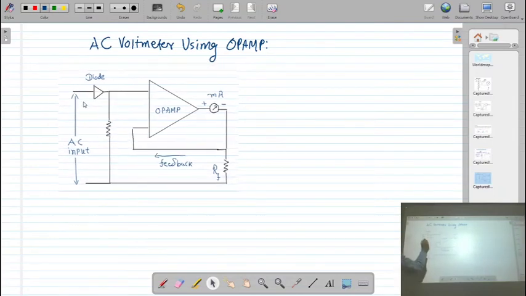Remember, this diode is working as a half-wave rectifier. So if your input signal is a sine wave, at this point you can have a half-wave shape like this. It is given to the operational amplifier. Now you already know the operational amplifier has a very high input impedance. The gain is also very high.